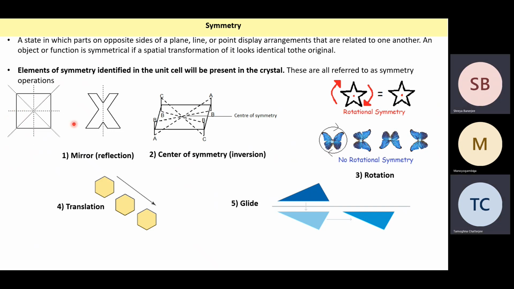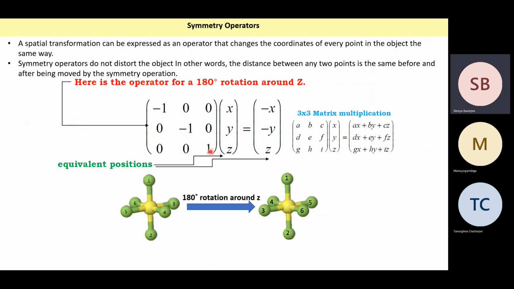Yes, ma'am. So I'll just go to the next slide. What I was talking about here is how the symmetry operator can be represented by a matrix. Have you learned matrix multiplication? Yes, ma'am. So if you multiply this matrix with x, y, z, you will get minus x, minus y, and z.